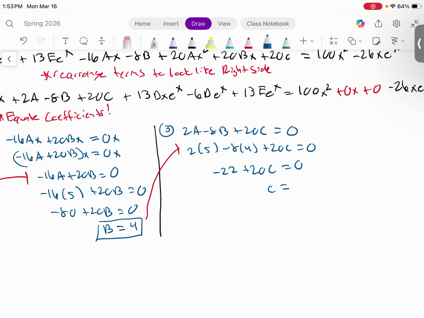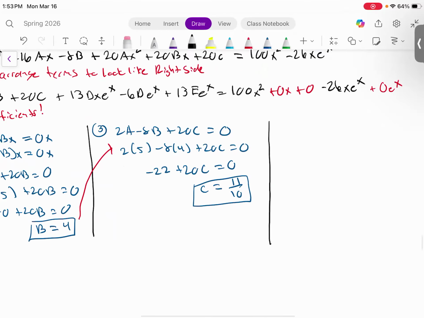So C ends up being 11 over 10. Okay, so like I was saying, this is a bit of a domino effect, and we're moving steadily along getting our coefficients. So let's move on to our fourth equation.